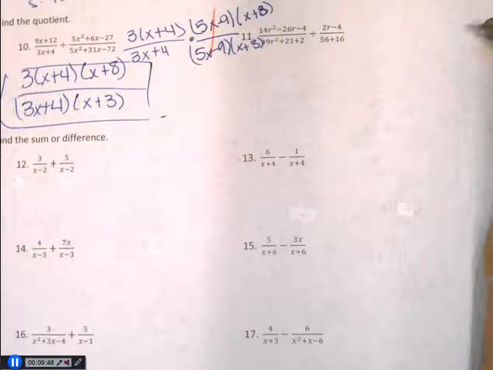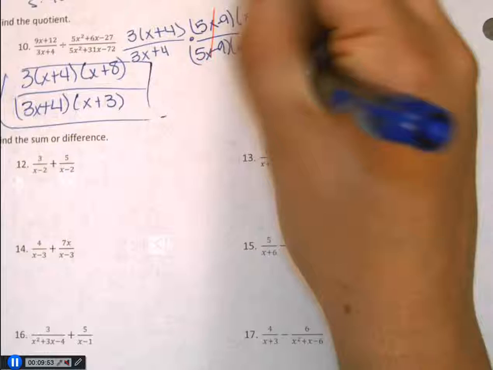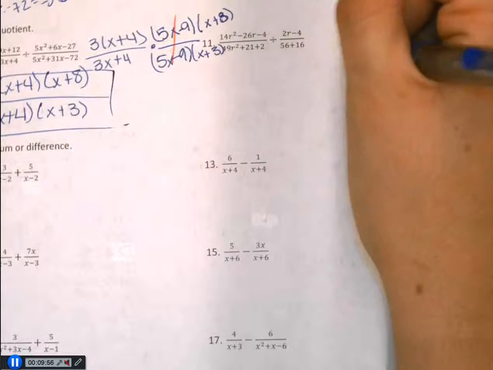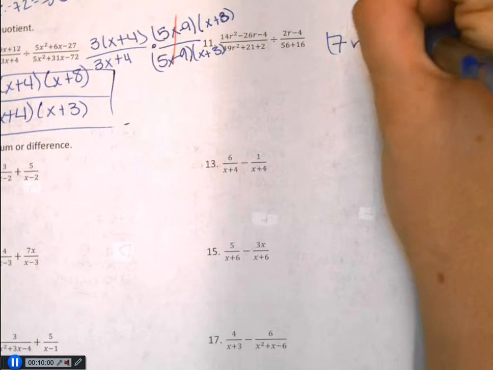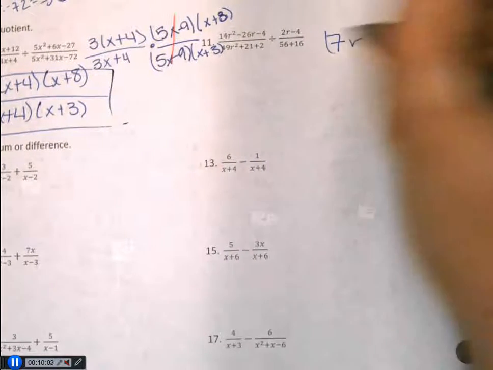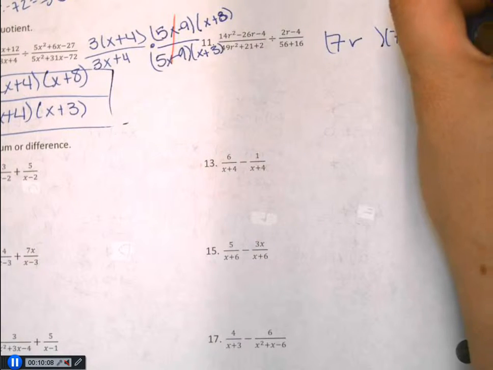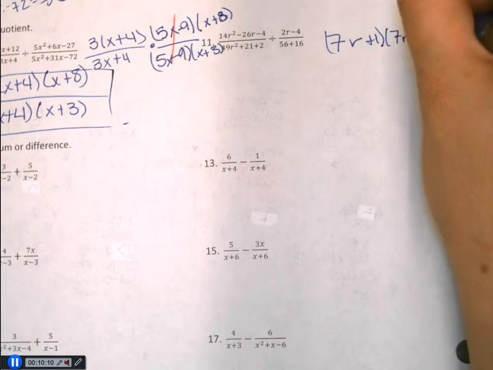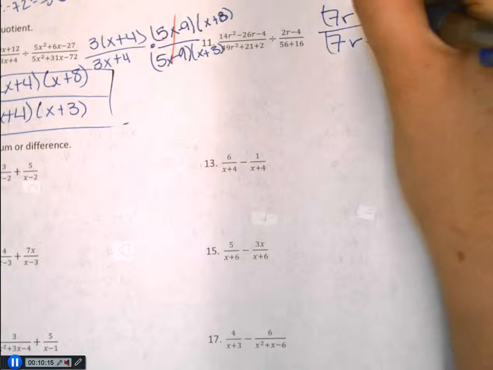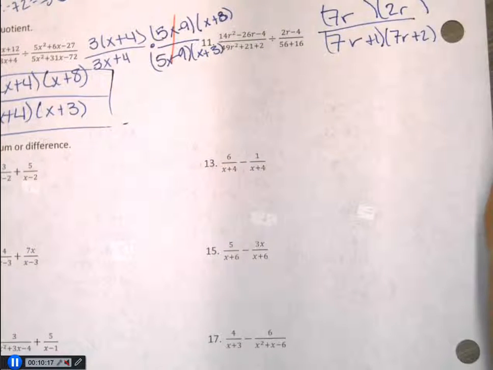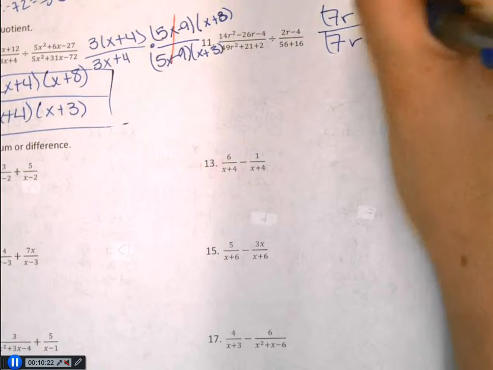I'm going to do the same thing on number 11. I'm going to factor. I know this is going to be 7r plus 2, 7r plus 1, and 2r minus 4 plus 1.